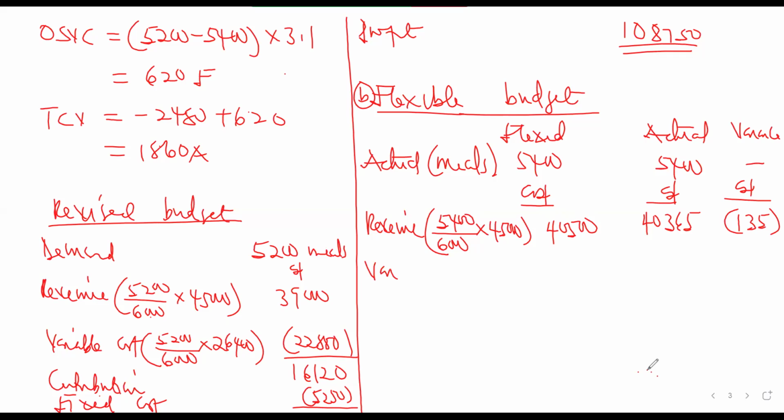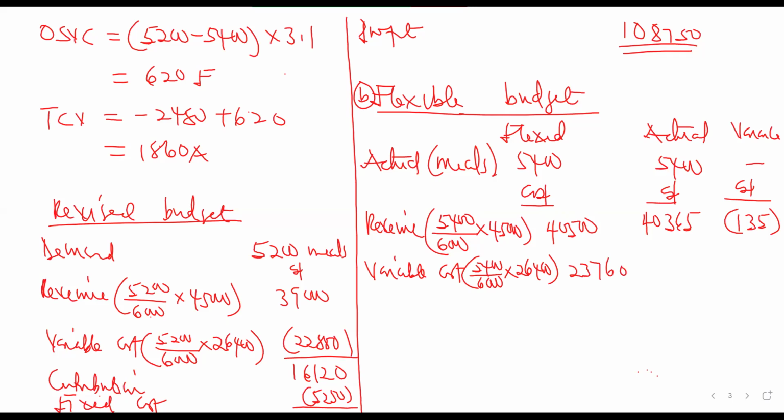Let's come to variable costs. We assume that all the variable costs and the revenue are going to vary with the output level. So 5,400 divided by 6,000 multiplied by 26,400. What are we having? I'm having 23,760.